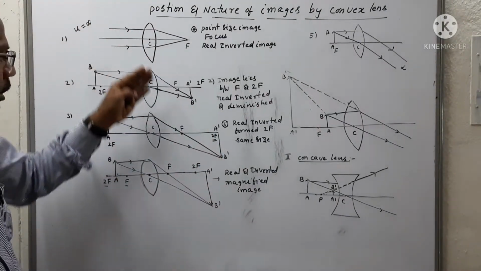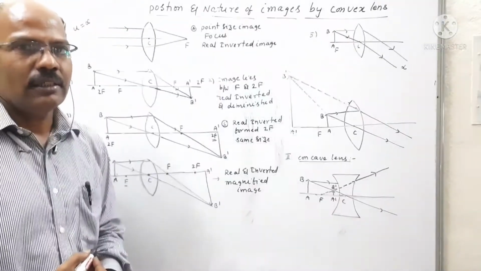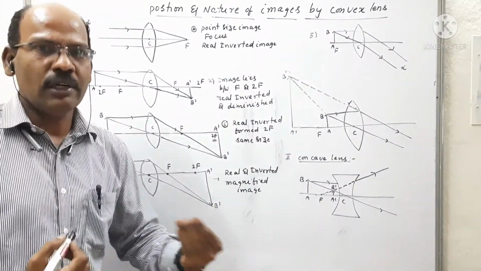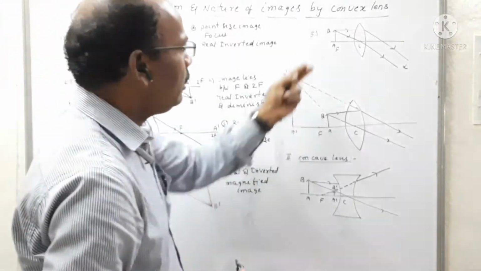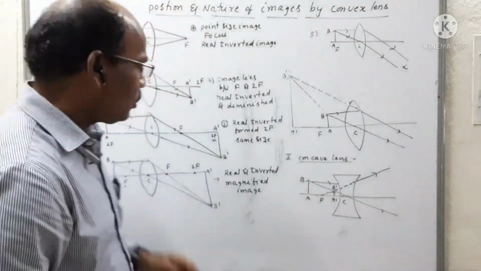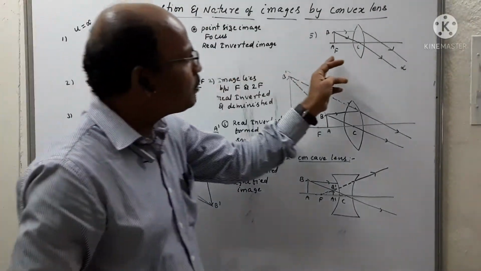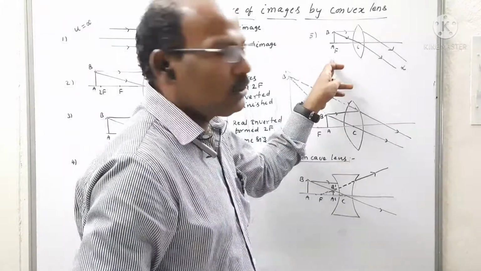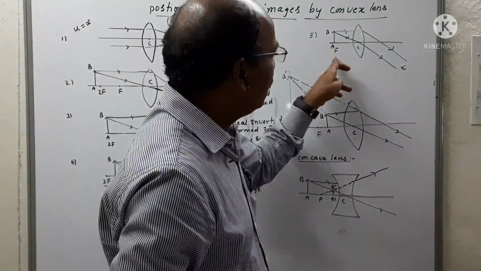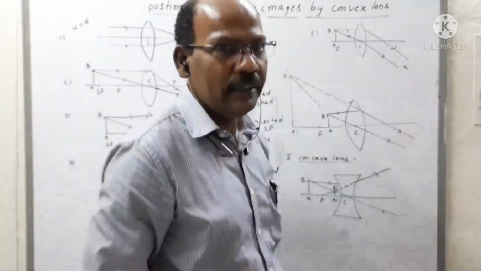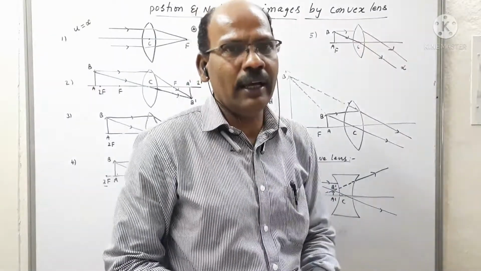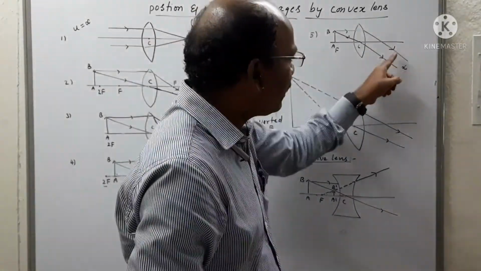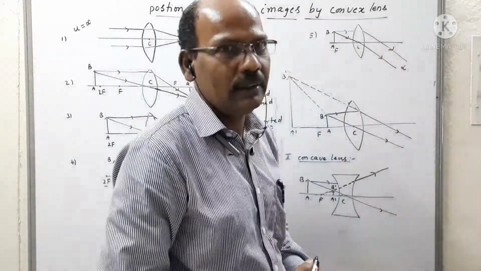So these are the four conditions depending upon the position of the object. Coming to the fifth one. When the object is kept at its principal focus, after refraction takes place, according to the rule of ray diagram, the refracted ray should be parallel.